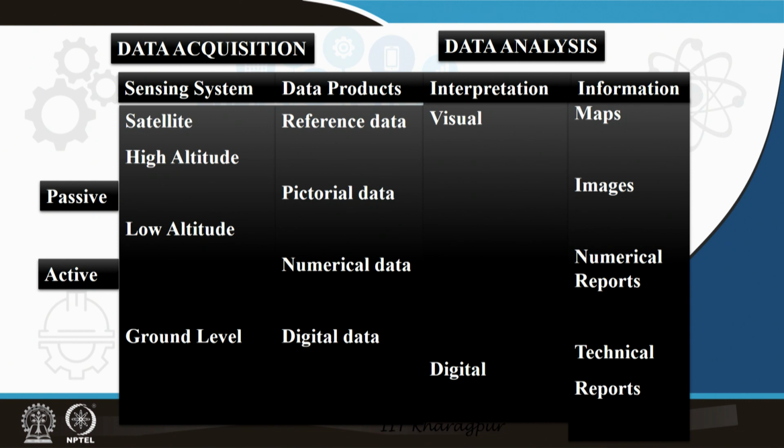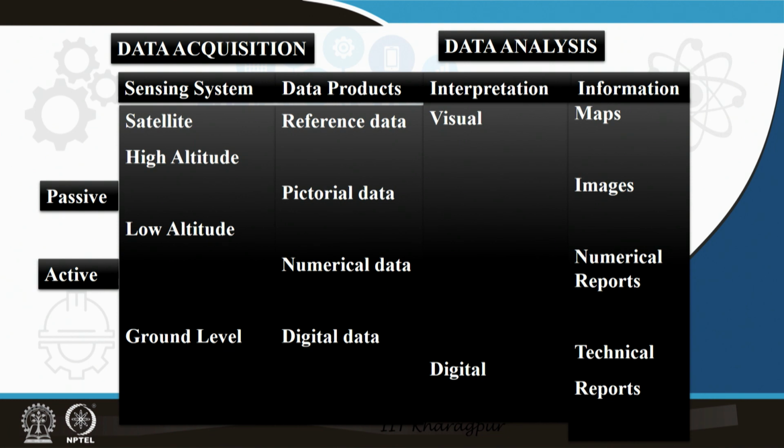You use various sophisticated algorithms to do all kinds of analysis, whether statistical or numerical. Or there are methods where you do visual interpretation, where visually you say this is a particular part of the Earth's surface which belongs to this category. So, that is the third step, and the fourth step is providing an output to the user.